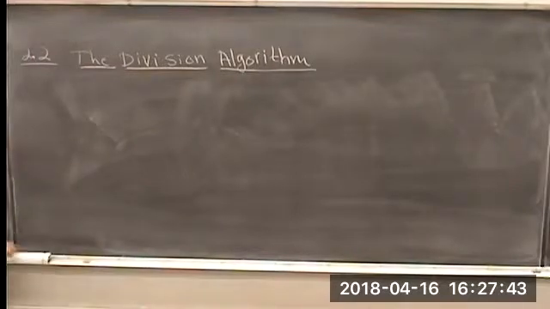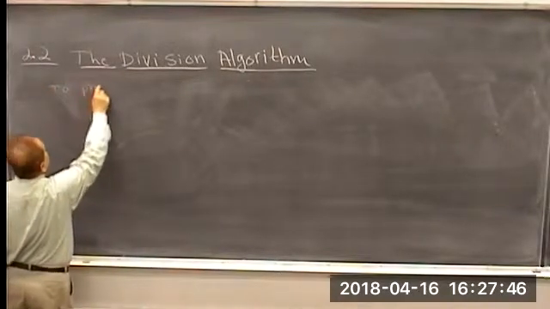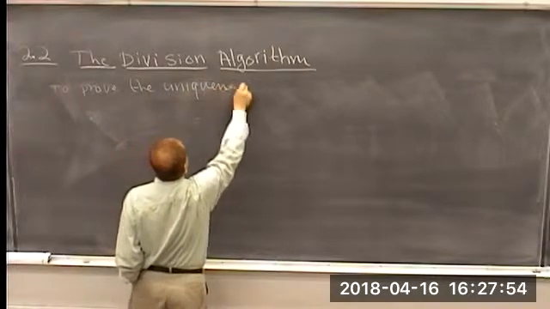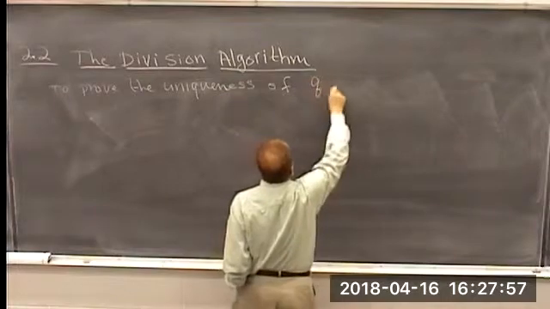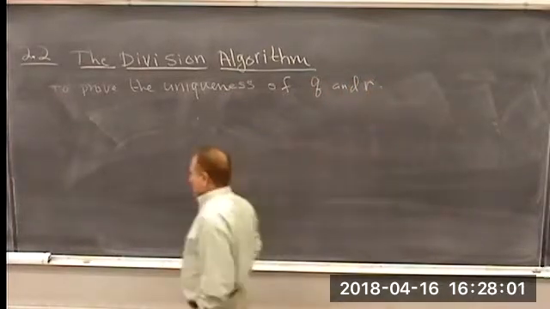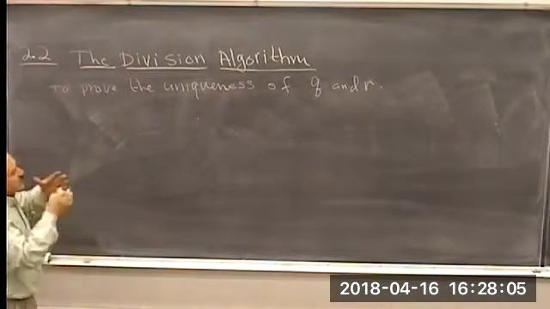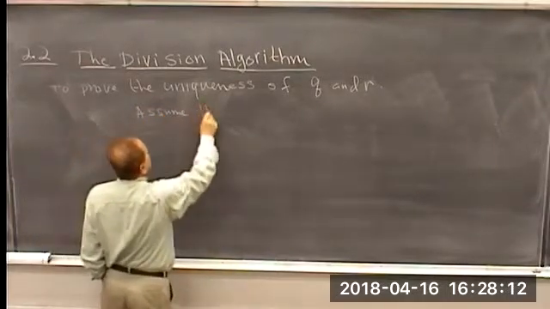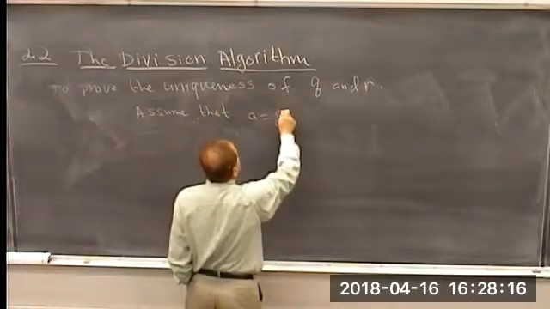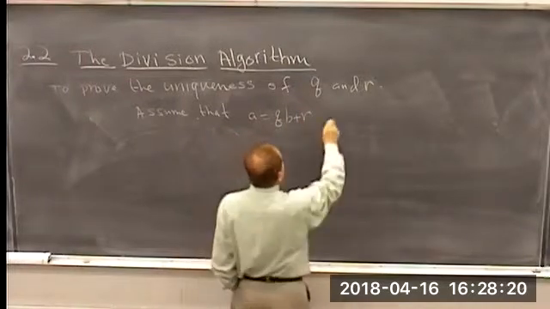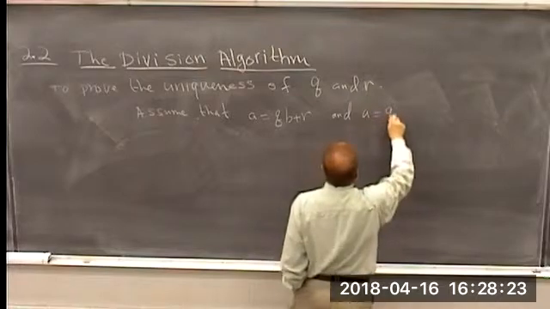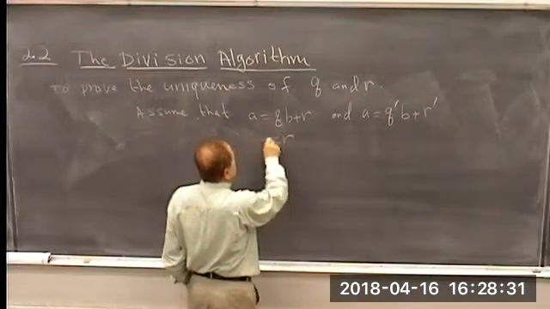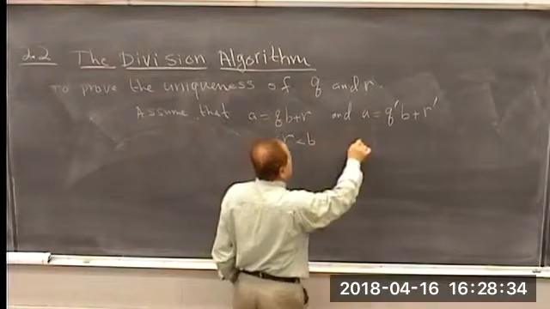Okay, so to prove the uniqueness of Q and R, let's assume we have two ways we could get Q and R, and another Q and R. So we can assume that A is equal to QB plus R, and A is equal to Q prime B plus R prime, where R is between 0 and B, and the same for R prime.